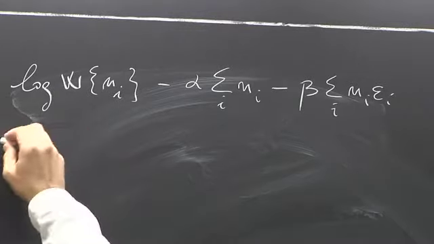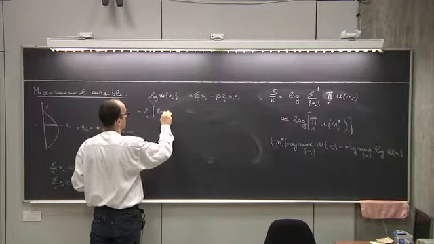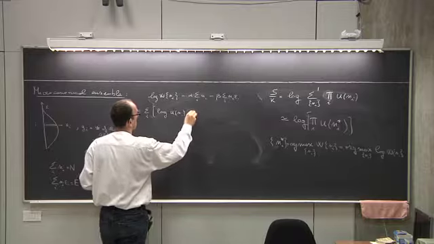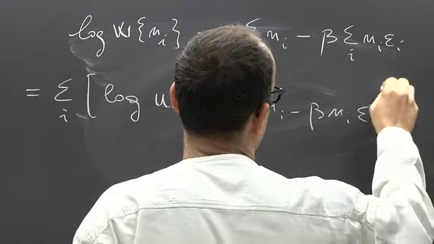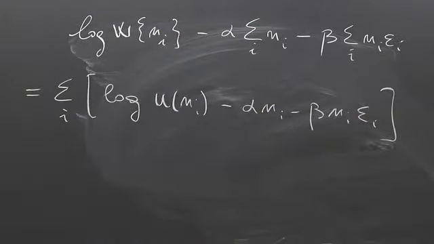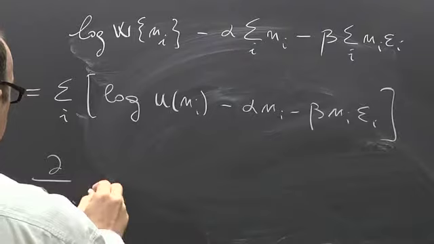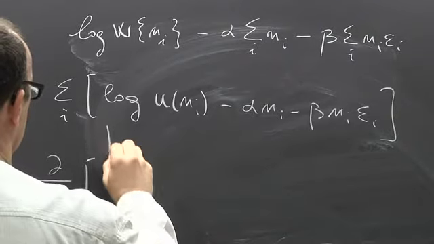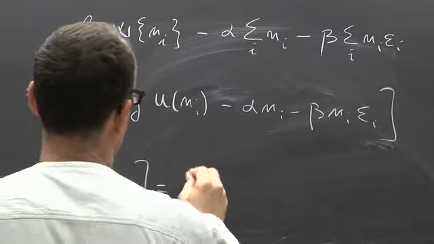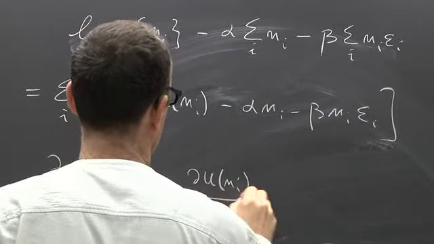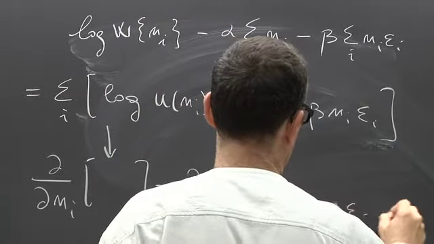Okay, this is clearly equal to the sum over i of the log of U of i minus alpha Ni minus beta Ni epsilon i. So now if I take the partial derivative of this with respect to Ni, then I get d log U i over d Ni minus alpha minus beta epsilon i is equal to 0.